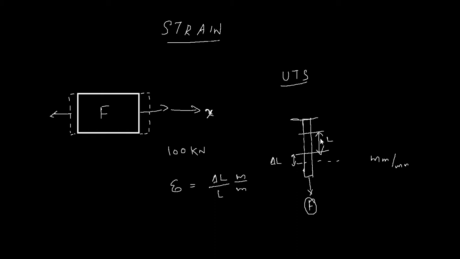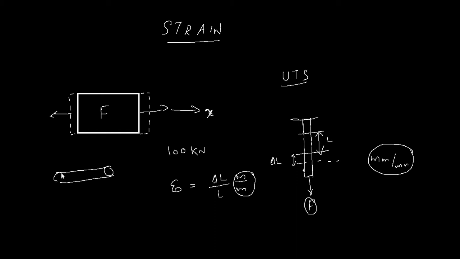It won't be the same deformation on 1 meter length and 100 meter length. Therefore, it is always good practice to specify what unit you have used to measure the length. It is not only in the case of length, you can also measure change in radius, change in diameter, etc.